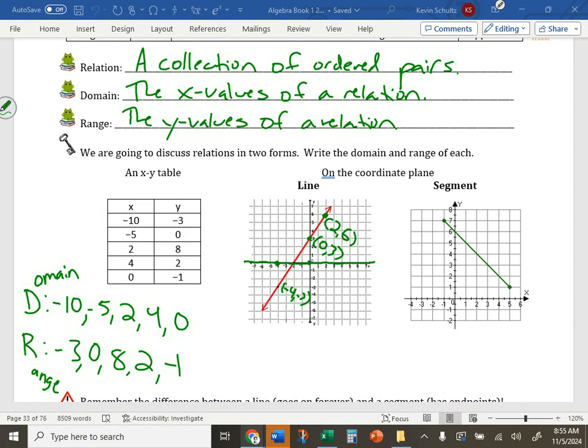Okay? So thinking about a line, the fact that it goes on forever, is there going to be an x value that's not represented somewhere on the line? No. What x value would not be represented? Even something like 7. You're like, oh, 7's not on the line. But somewhere up here, that line continues on, yes, 7 will be represented.